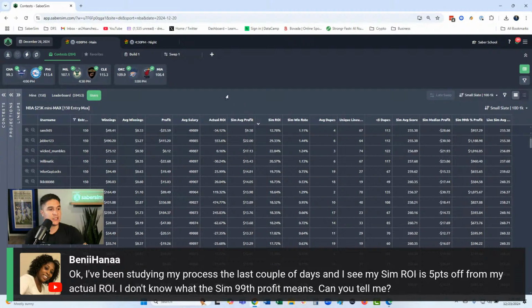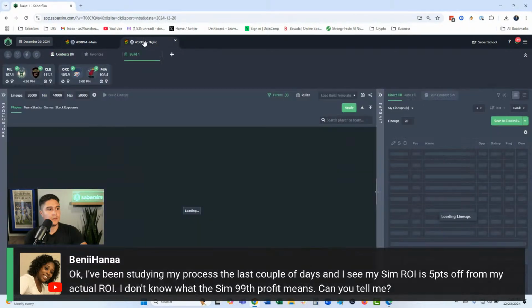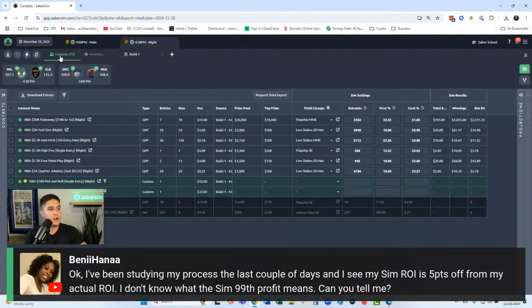All right. So this looks good here. Happy with this. Let's go to the next slate. And I actually do remember the slate because I had a good slate here. So I took second in this flagship contest. Look, 70 max contest, 7 entries, $15, and I took second.